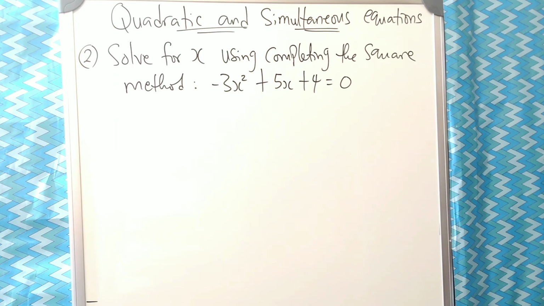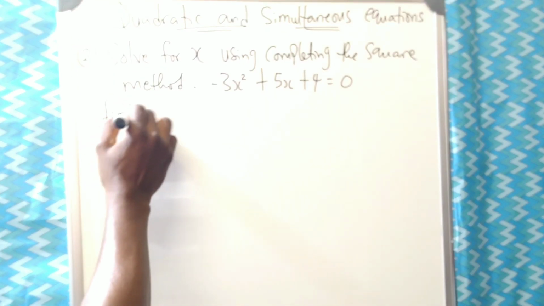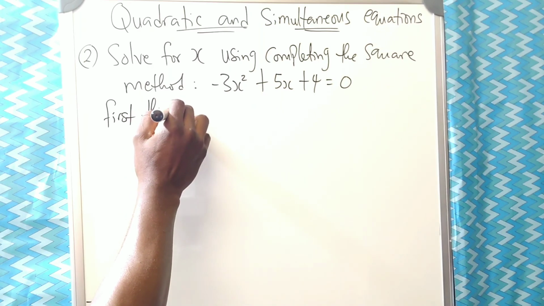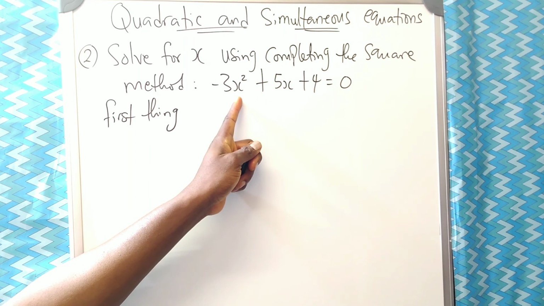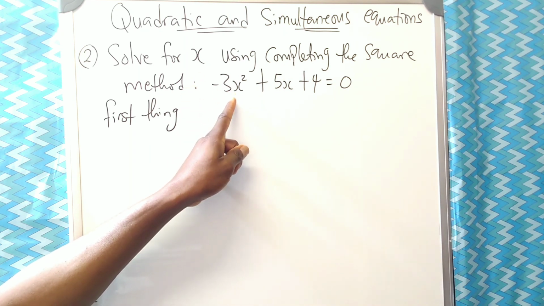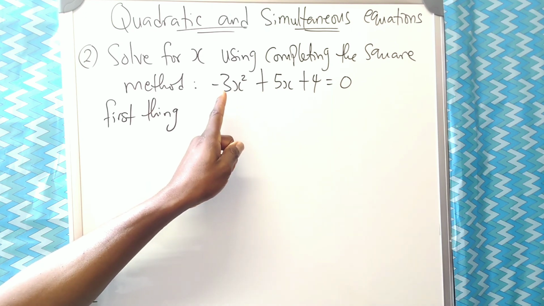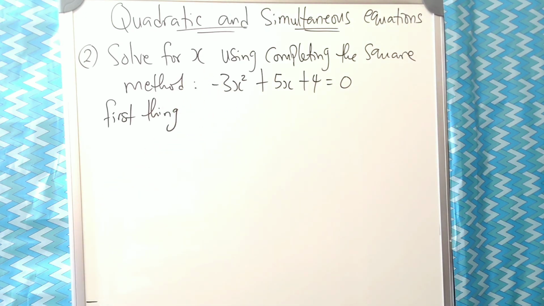The first thing we'll do is to make the coefficient of x squared to be 1. The coefficient of x squared now is minus 3. We have to make it 1 for easy explanation.